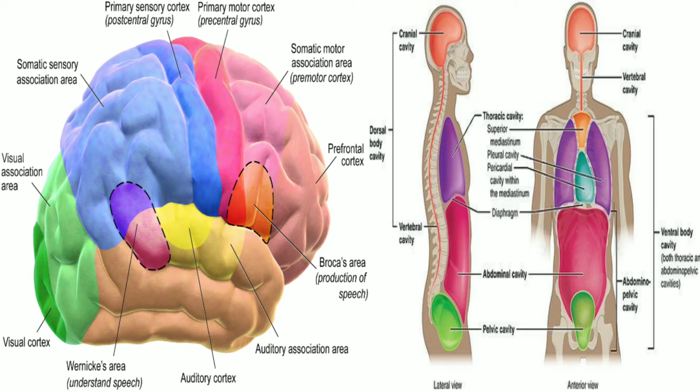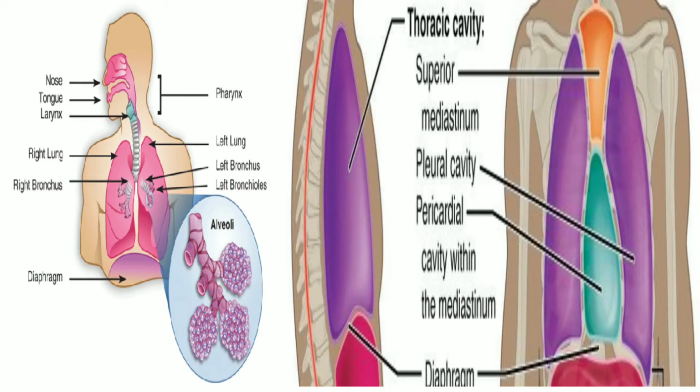Similarly, you can see the trachea and the lungs, and in green color is your heart. So the lungs and the heart are in which cavity? It's in the thoracic cavity. Here you can see a clear picture of the thoracic cavity where I have shown you the lungs and even the heart.